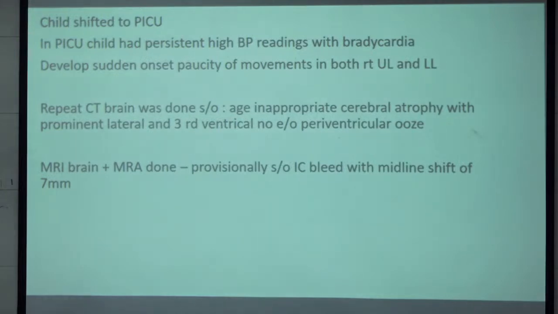Because of this new onset paucity of movements, we did a repeat CT brain, which was suggestive of age inappropriate cerebral atrophy with prominent lateral and third ventricle. There was no evidence of periventricular ooze. The child was posted for MRI brain, which provisionally suggests IC bleed with midline shift of 7 mm. Final report is pending.